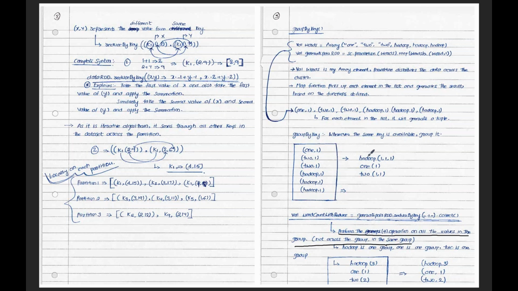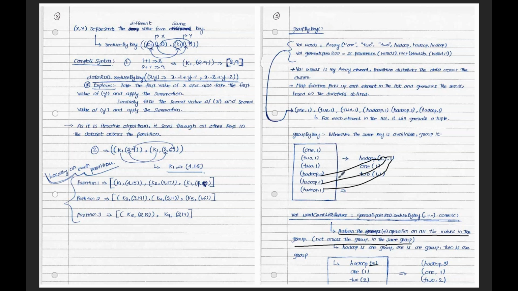For example, Hadoop 1, Hadoop 1, Hadoop 1: this is 1, this is 2, this is 3. So when I say plus operation on the same group, it says 1 plus 1 plus 1.